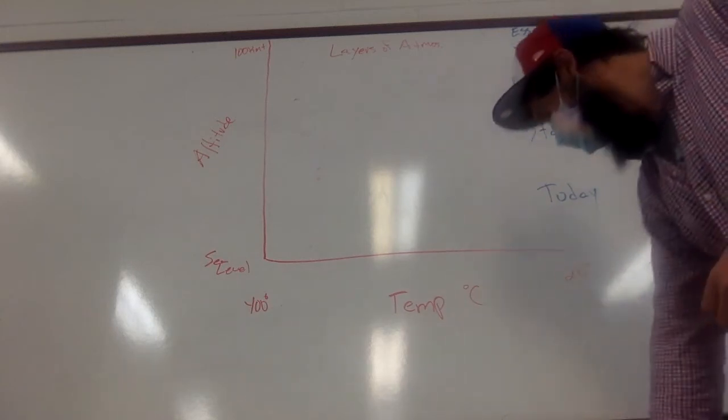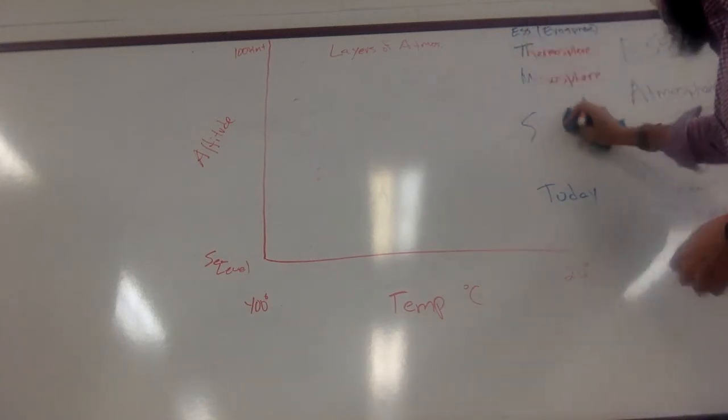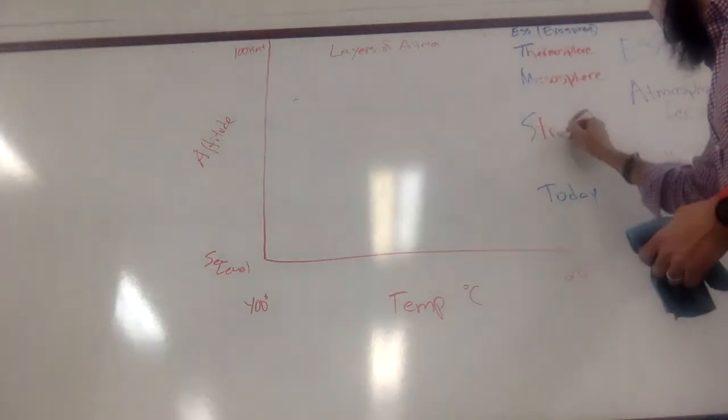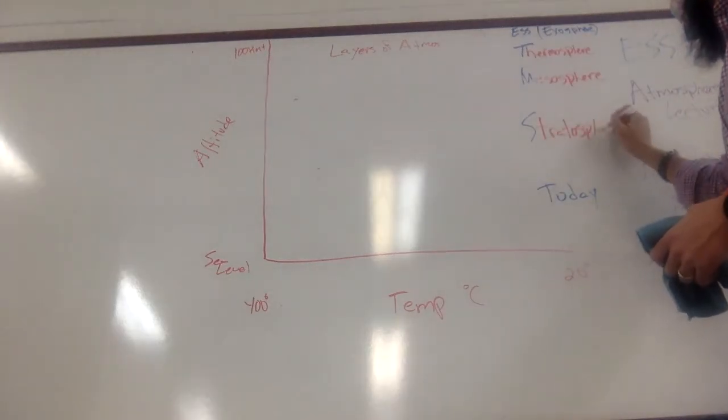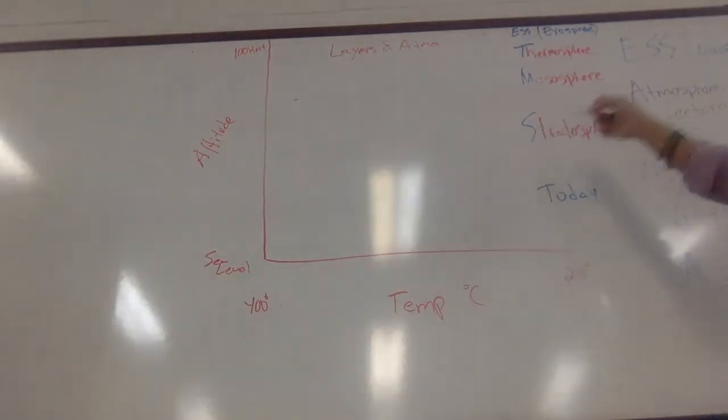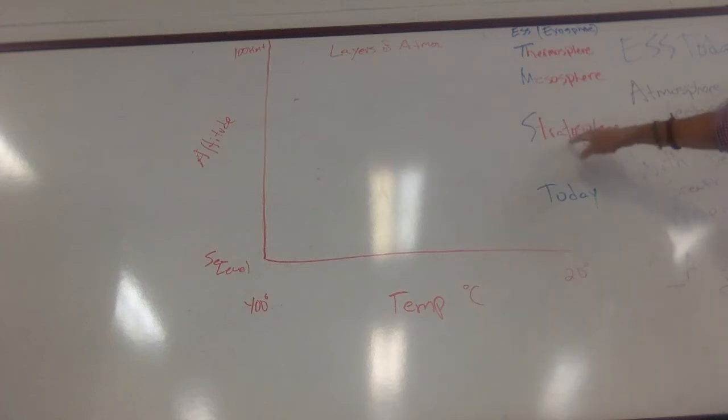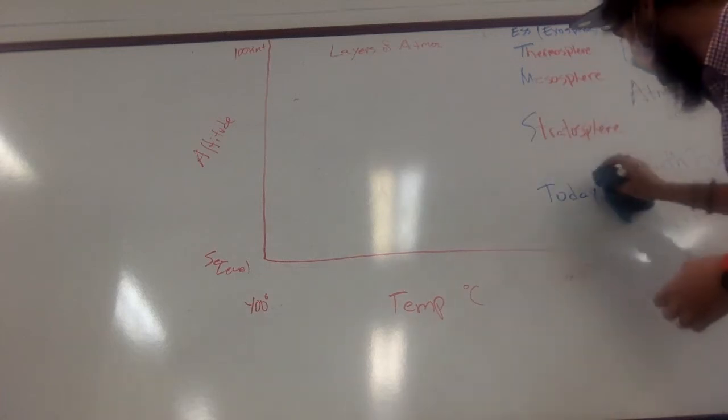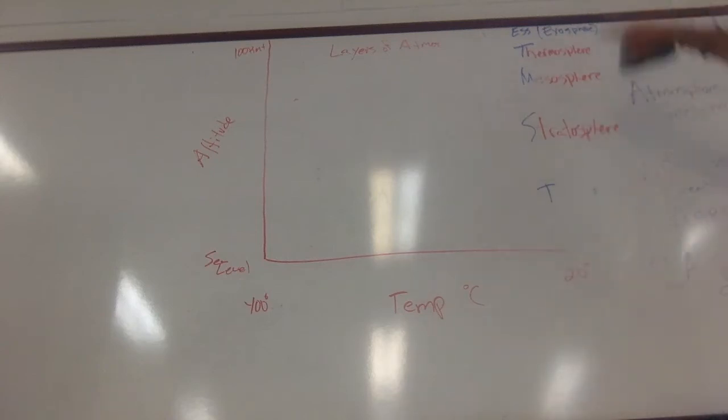Stratosphere comes next. The stratosphere is really associated with the atmosphere a lot. I think that guy who did the really high skydive named his operation after it, even though it's not the highest by a long shot.